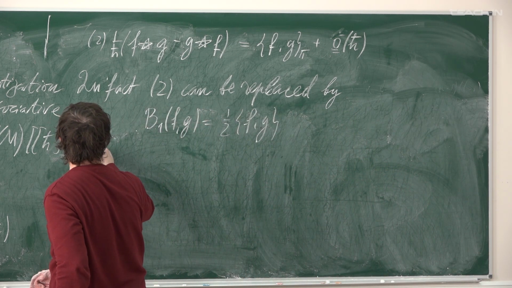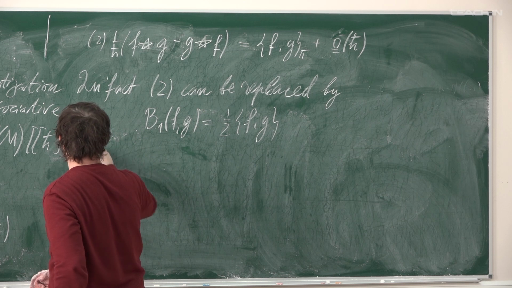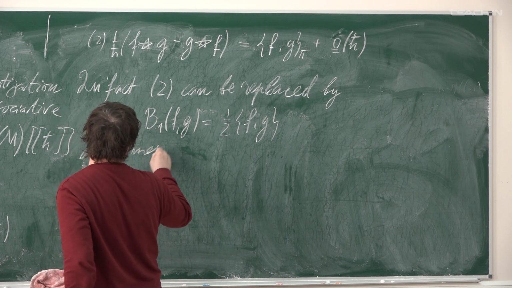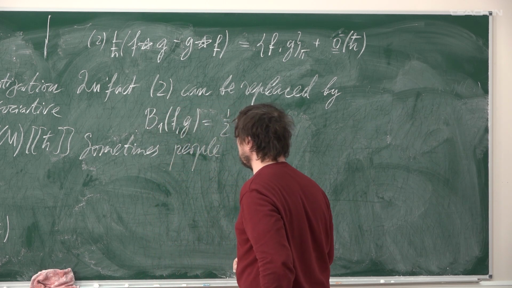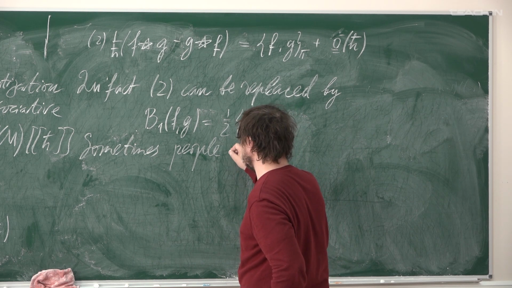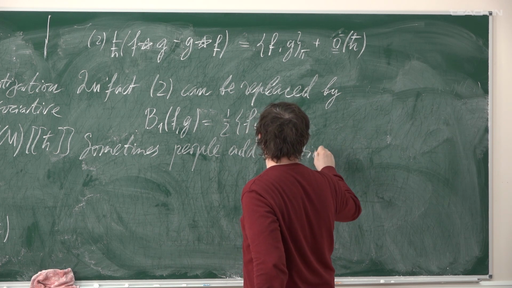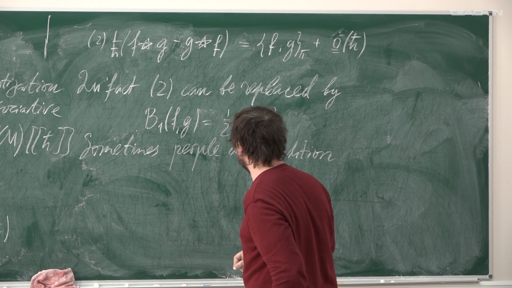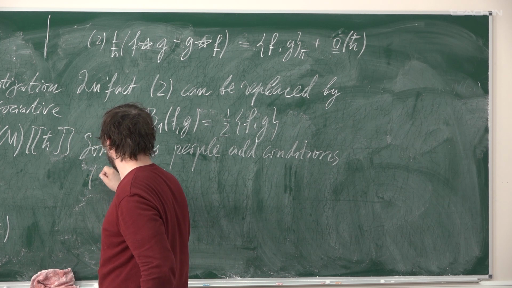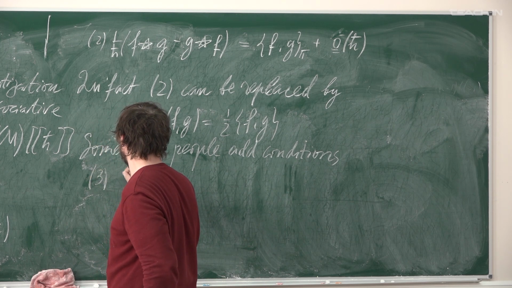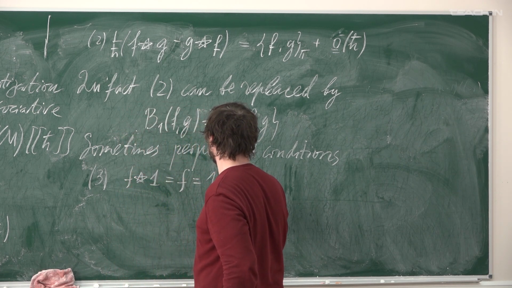So there are usually two more conditions which are sometimes added. But in the texts which I looked into, nobody actually cared about these two conditions, except that the first one is sometimes just evident, but even then it is not usually cared about. Condition number 3 is that f star 1 is equal to f and is equal to 1 star f.